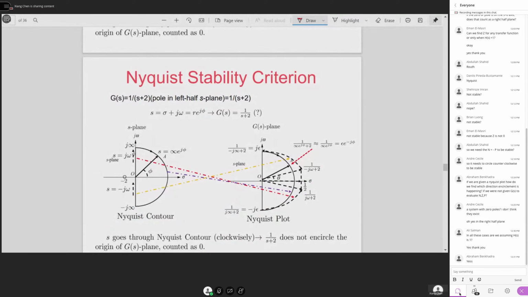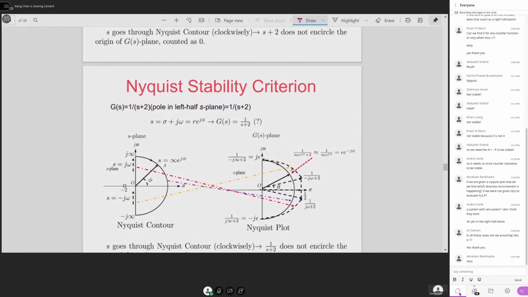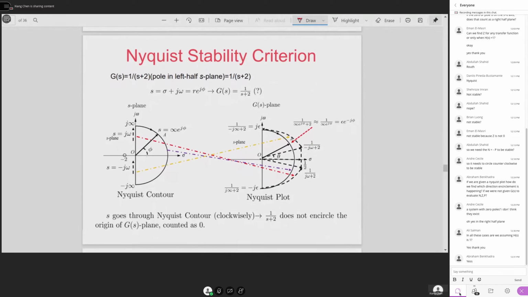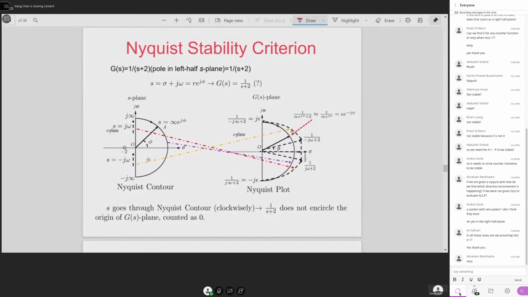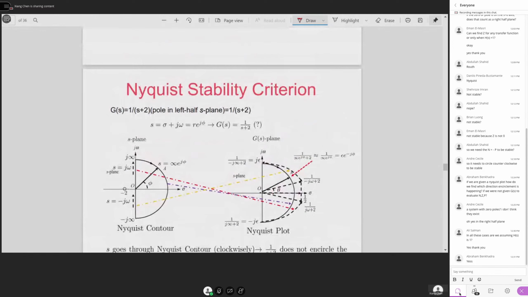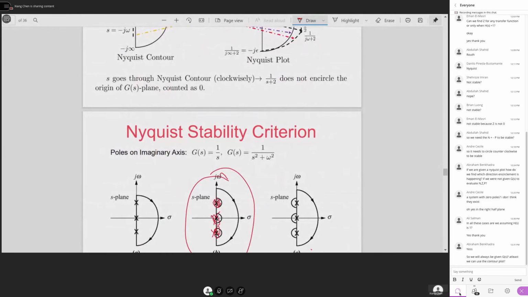You see the Nyquist contour, the s is specified along the clockwise direction on the Nyquist contour. Correspondingly, the Nyquist plot will have a direction. Because this is the mapping, a point-to-point mapping, if you have the direction on the Nyquist contour for s, then you should have the direction on the Nyquist plot. So that direction can be easily determined. It depends on how you move the s, and the point on the Nyquist plot is going to move.